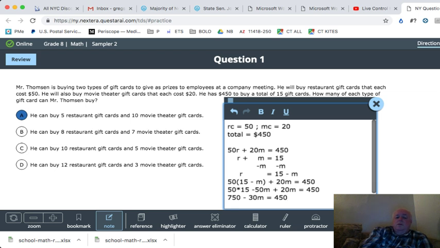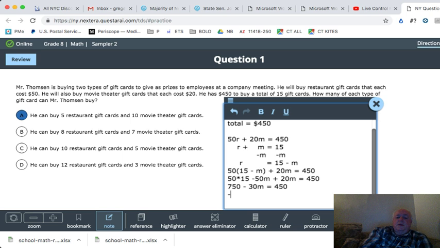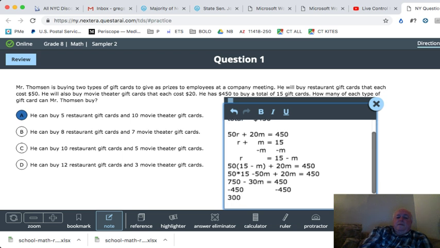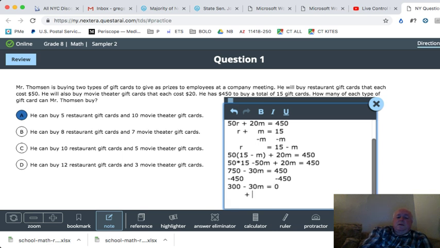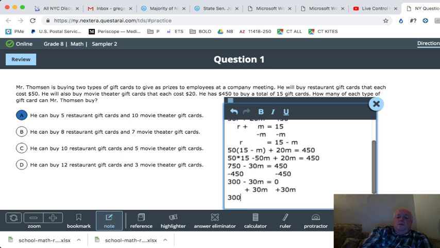So what we can do is subtract 450 from both sides, and we get 300 minus 30M equals 0. And if we add 30M to both sides, we get 300 equals 30M.